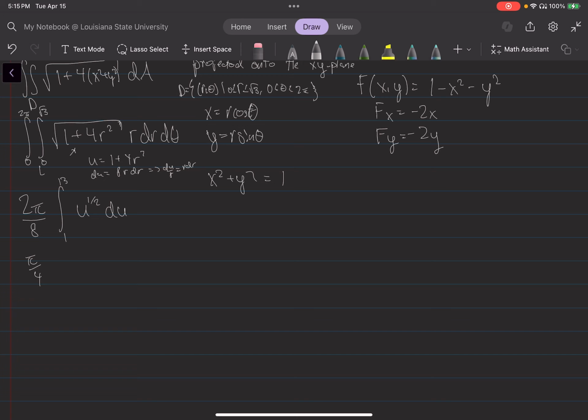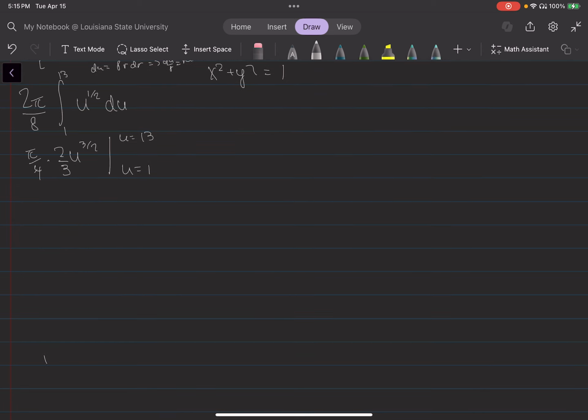Simplifying here, and then just working through like a calculus 1 problem from here. And that should be our result.